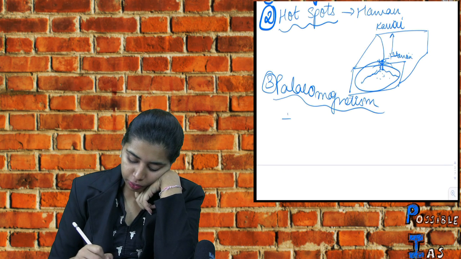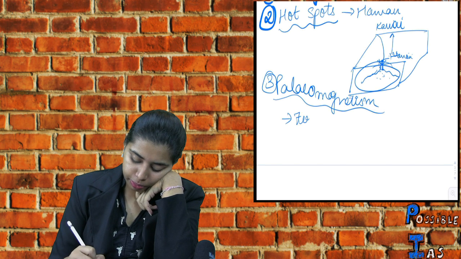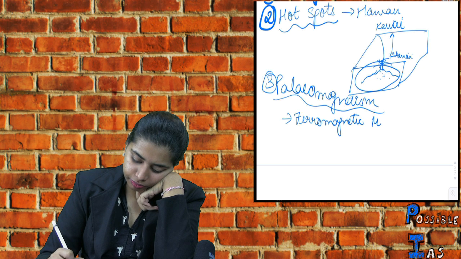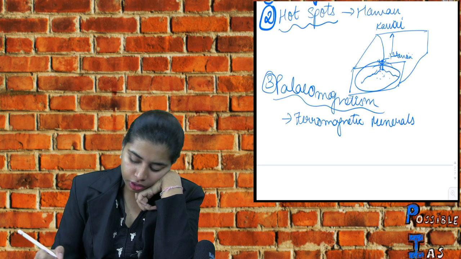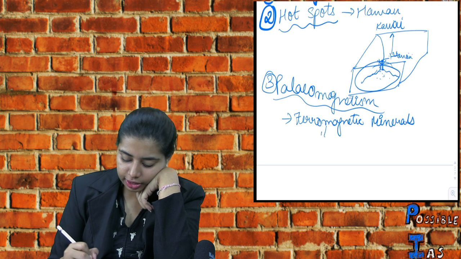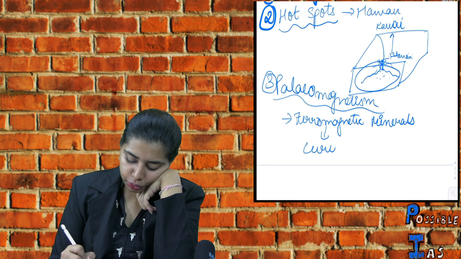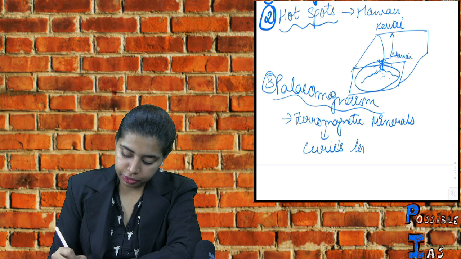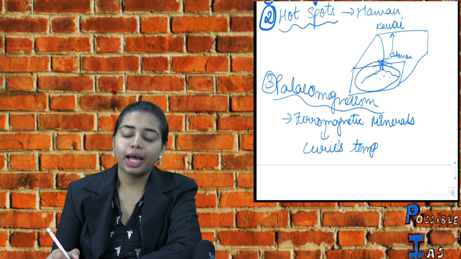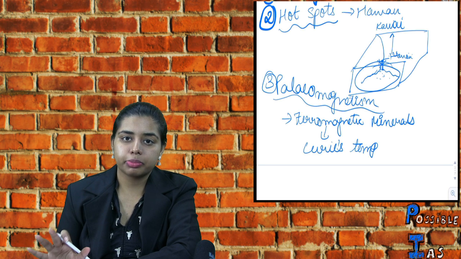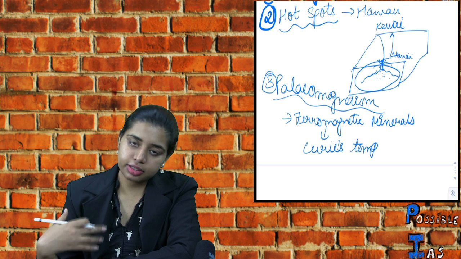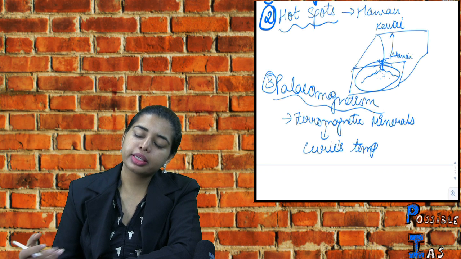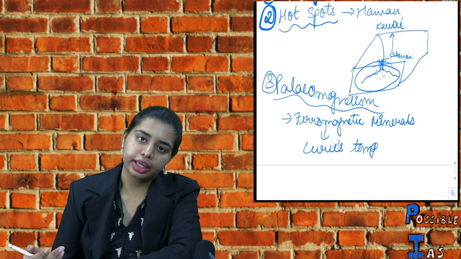These are known as ferromagnetic minerals. When these minerals are heated to a temperature known as the Curie temperature, they lose all their present magnetism. And when they begin to cool, they start getting magnetized again.